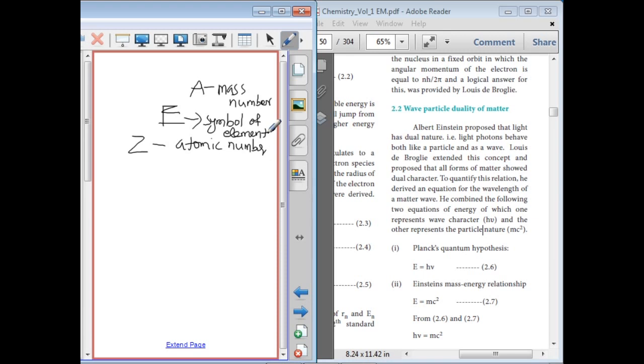So what is atomic number? Atomic number is nothing but the number of protons in the nucleus.